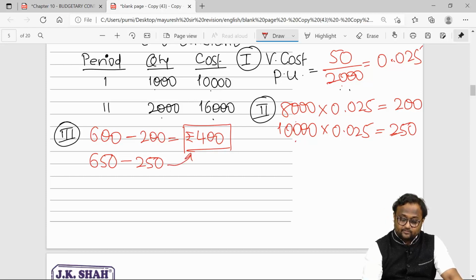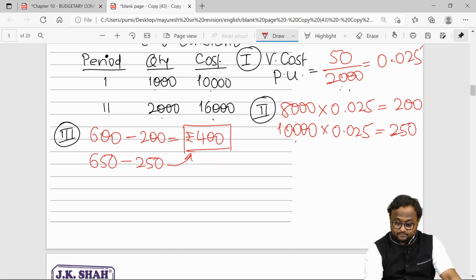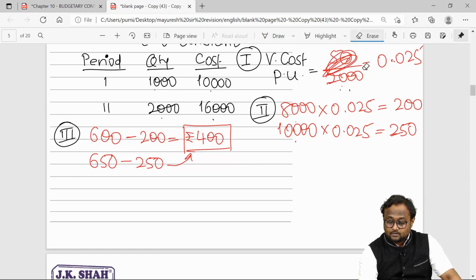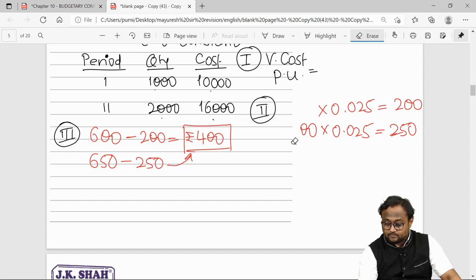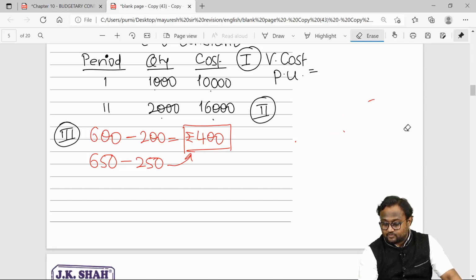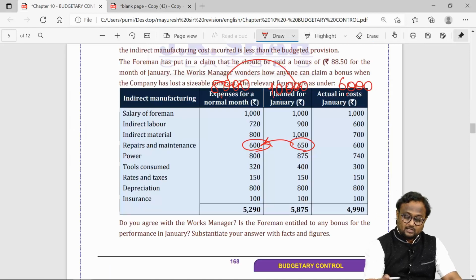That means again you can say 400 is the fixed portion. This was for repairs. Same thing you have to do for power, and you get 0.0375 as power cost, which is variable, and you also get the fixed cost. That's it.